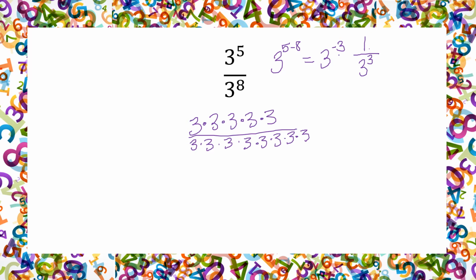So you're going to simplify by dividing these out. They cancel, leaving you with just 3 to the 3rd on the bottom of that fraction, just like we have in our answer. So anytime you have a negative exponent, you flip it to the bottom of the fraction. If it's on the bottom of a fraction, you can flip it to the top and make it positive.